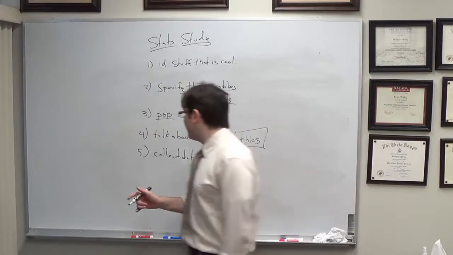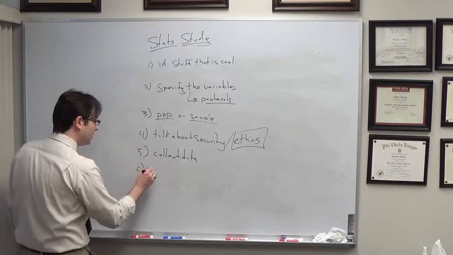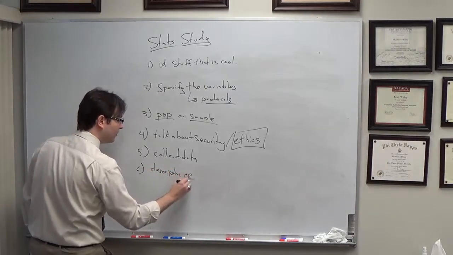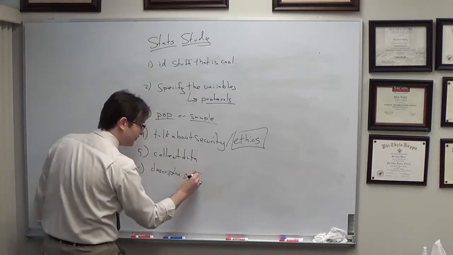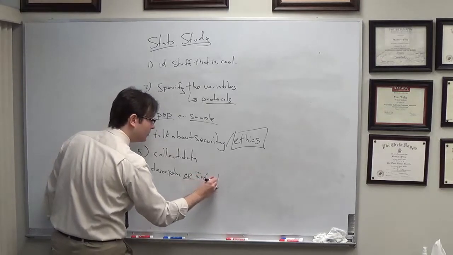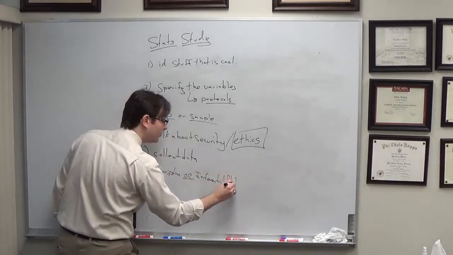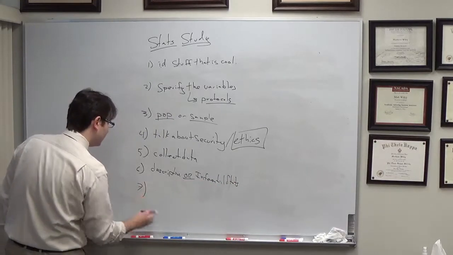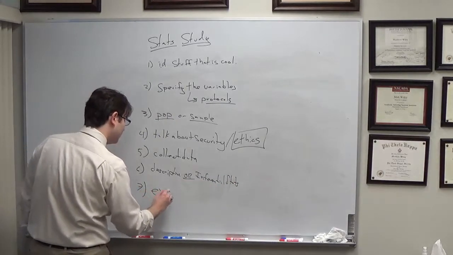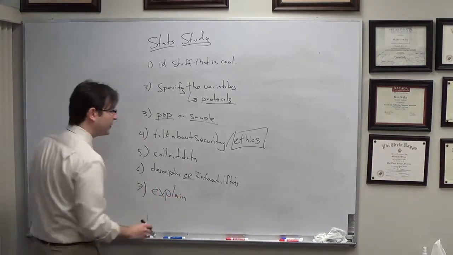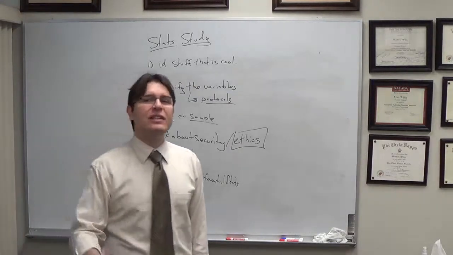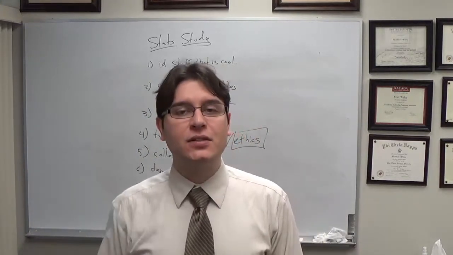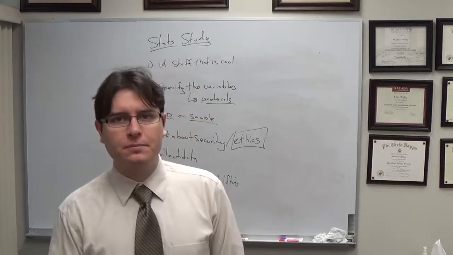Collect the data, and then use descriptive and/or inferential stats to organize and analyze the data, and lastly, explain. Explain using English, simple words, to somebody who knows nothing about statistics, what you've discovered and what you've done.